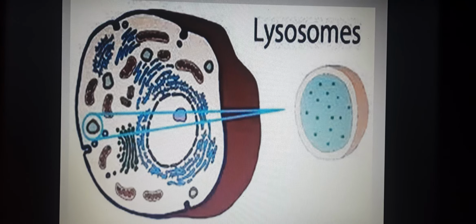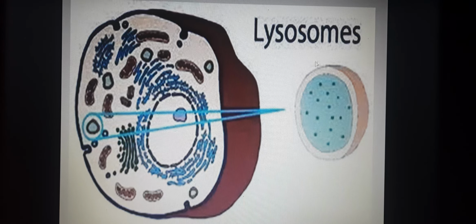So whenever there is any wound or cut in the tissue, then inside the cell, the wall of the lysosome, here you see these are the walls of the lysosomes, these walls will burst.